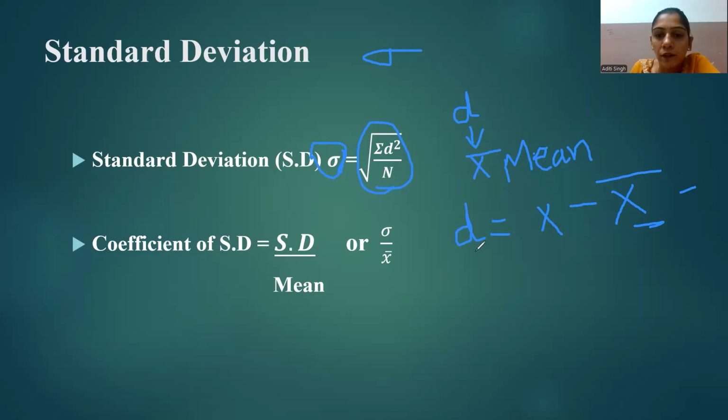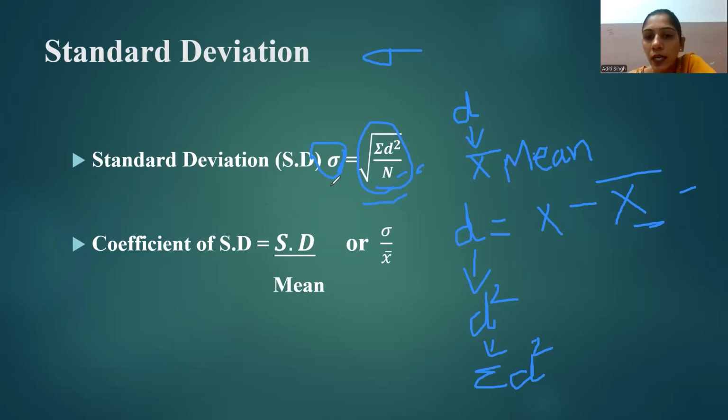After calculating d, we calculate d square, and then the sum of d square. Then we put all the values in the formula, sigma d square divided by n, where n is the total number of observations.